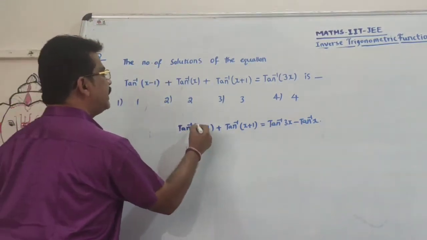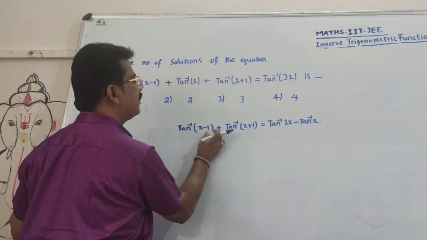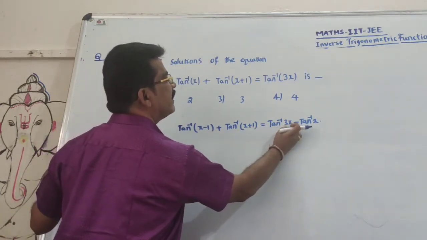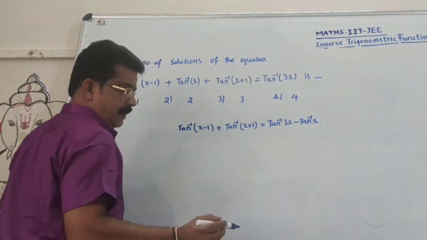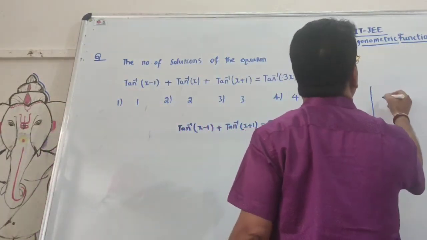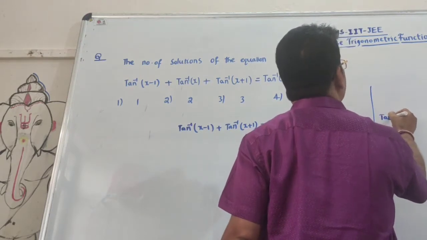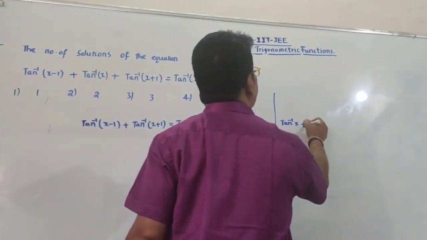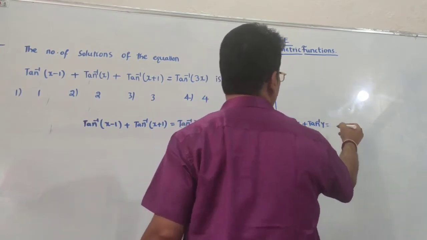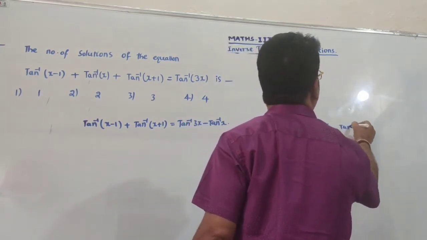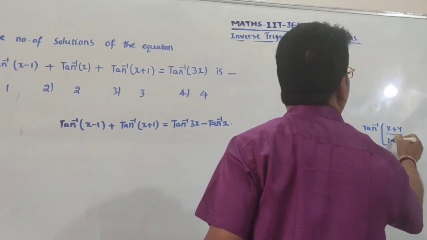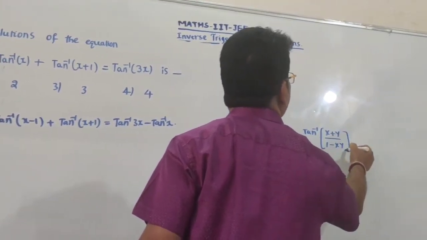Now it is in the form of tan inverse of x plus tan inverse of y. Here also tan inverse of x minus tan inverse of y. Here, the standard formula: tan inverse of x plus tan inverse of y equal to tan inverse of x plus y divided by 1 minus xy.